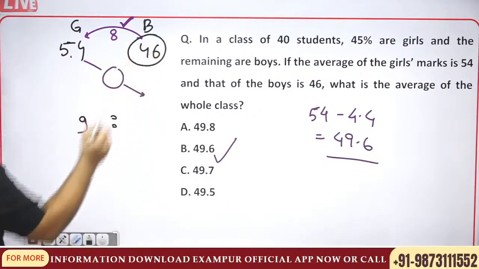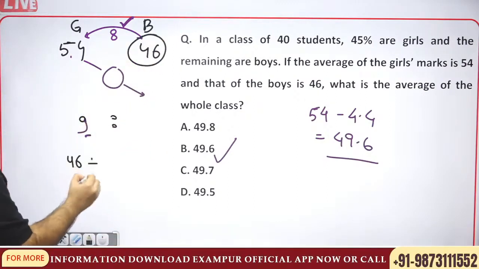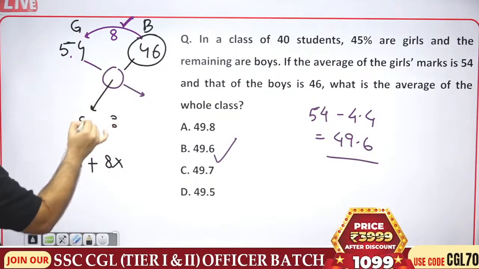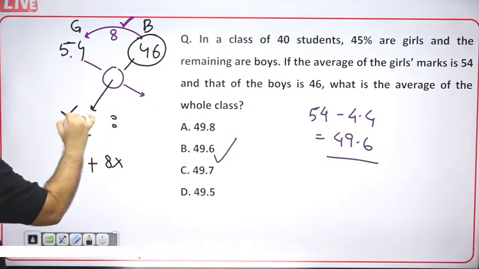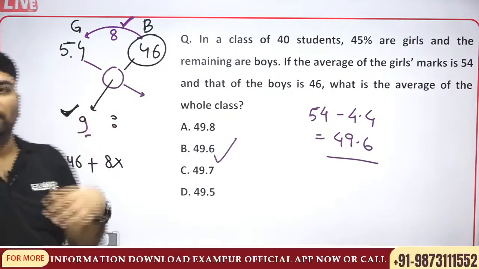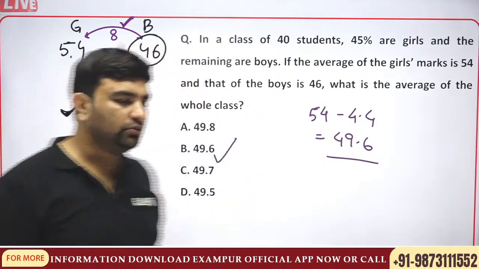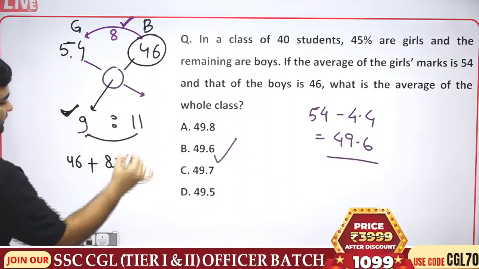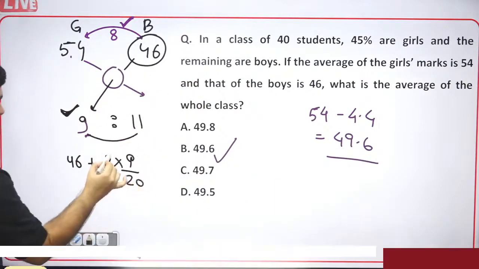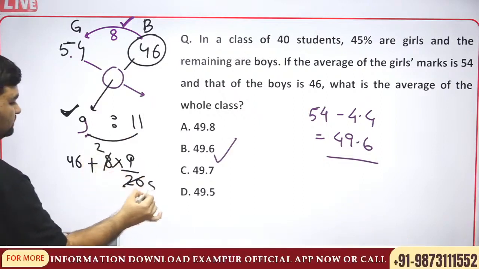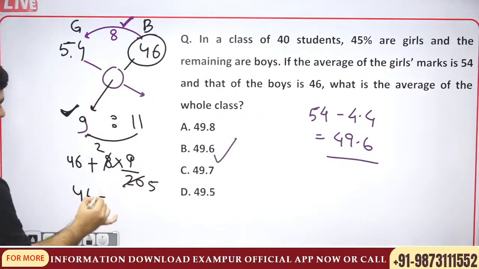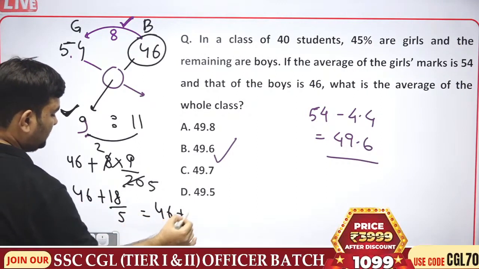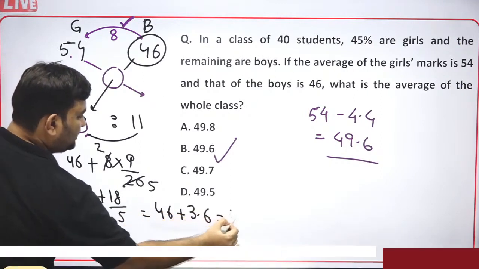You can take 46, then the deviation of 8, and find the value opposite to the smaller value, that is 9 out of a total of 20. This you can also follow. 46 plus 18 by 5, which is 46 plus 3.6, that is 49.6.